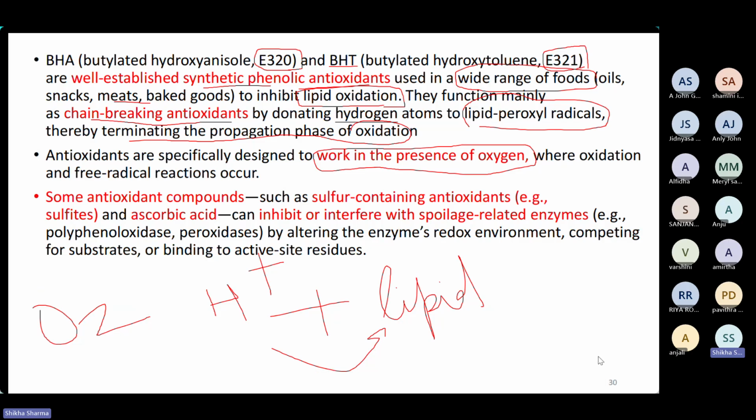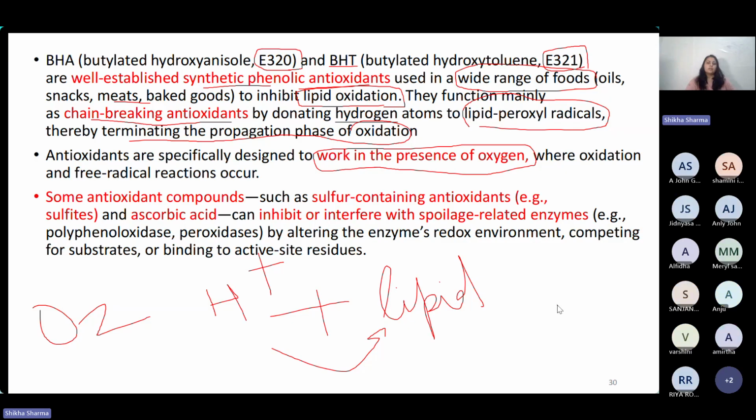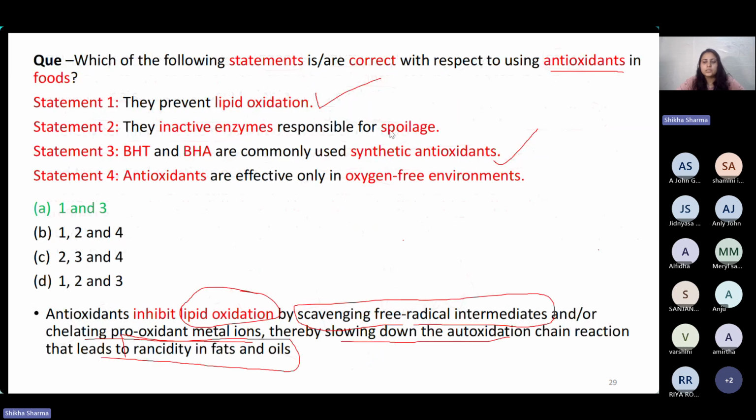They are designed specifically to prevent food spoilage in an oxygen-rich environment. So this statement is wrong, because they work in the presence of oxygen.